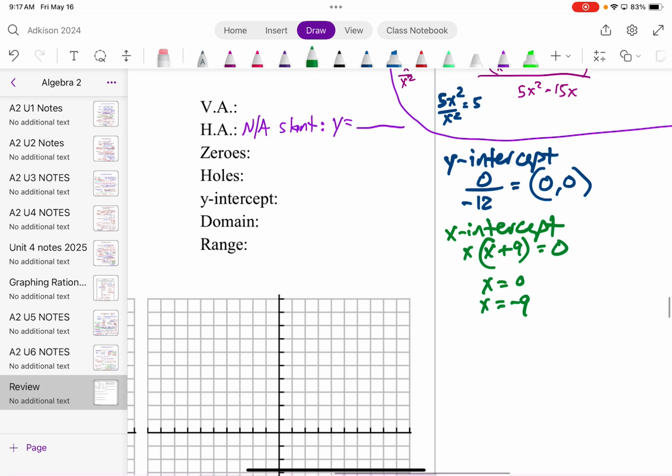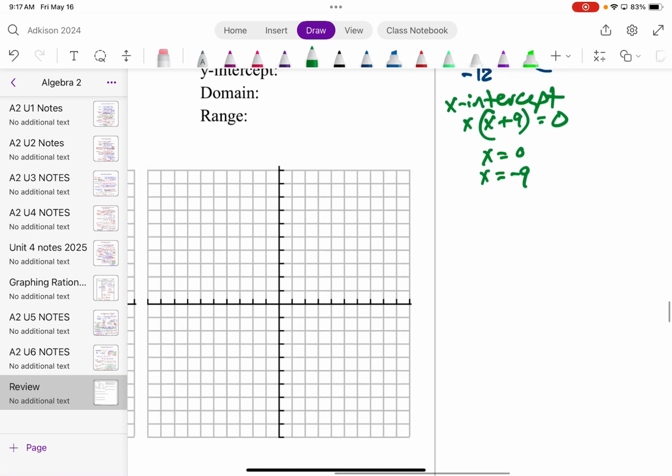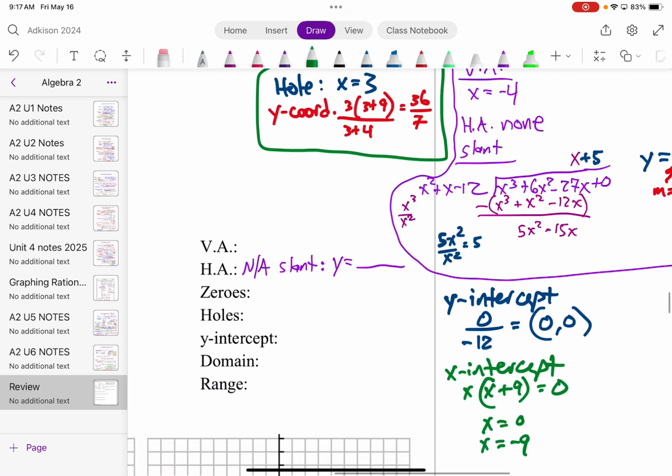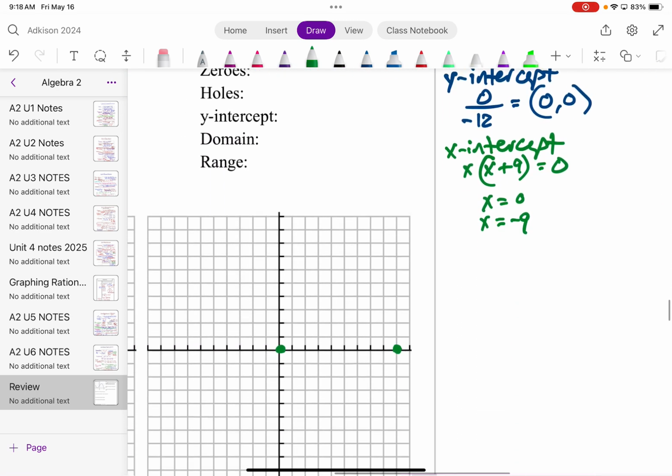Okay, everybody good on that? Yeah. Now what? Graph. Can we do this first? Yeah. All right, so we have zeros in a couple places. There they are. And a hole at 3, roughly 5.